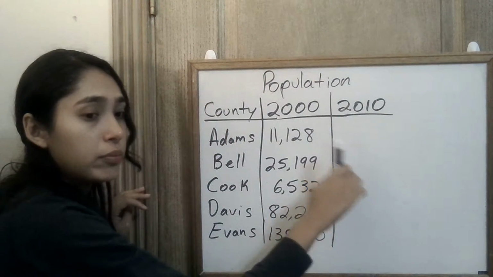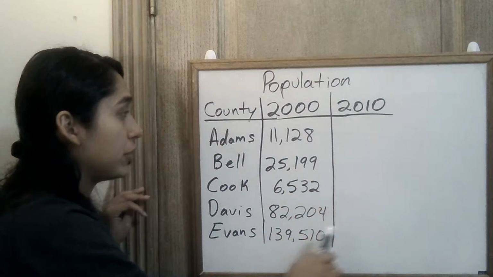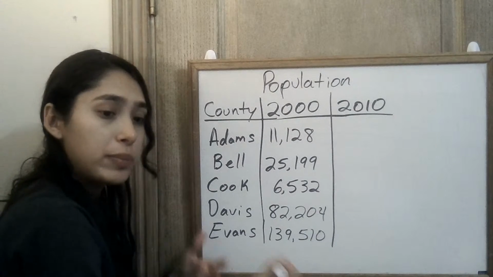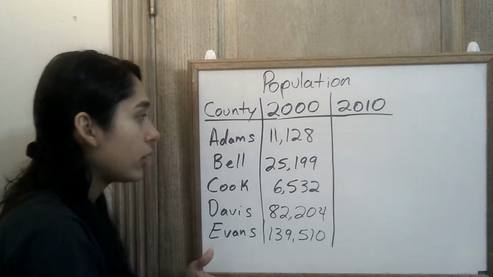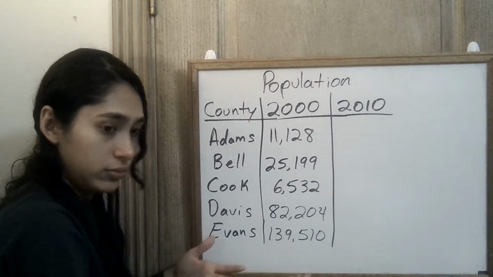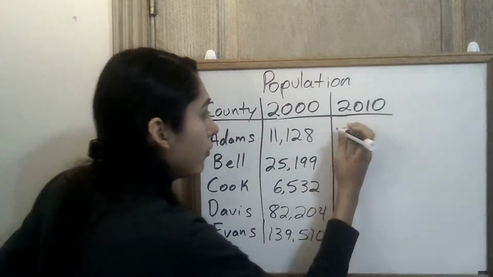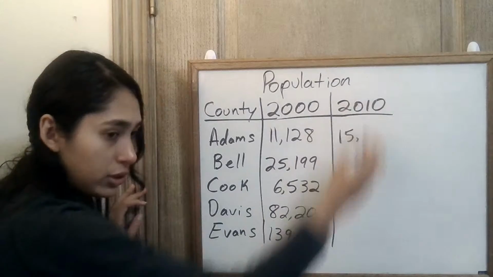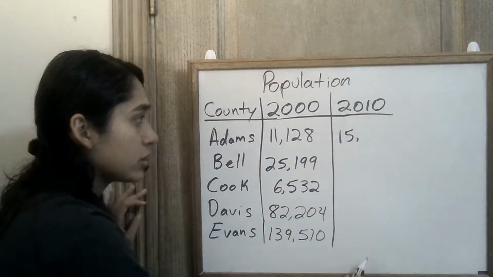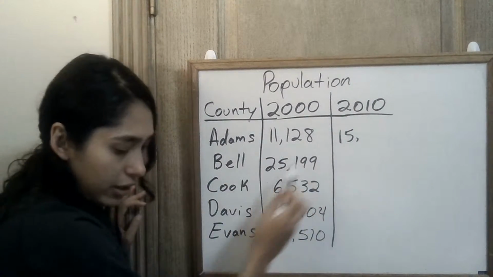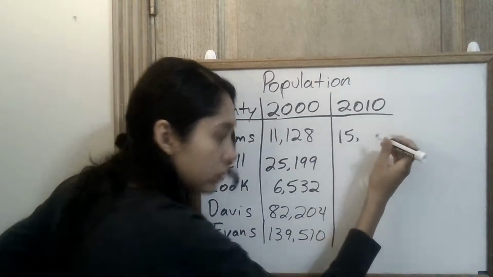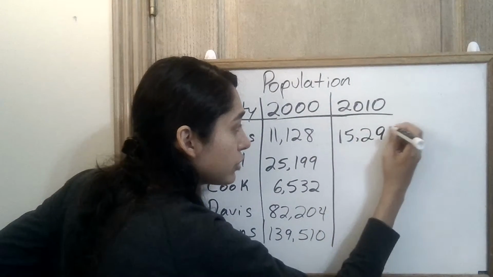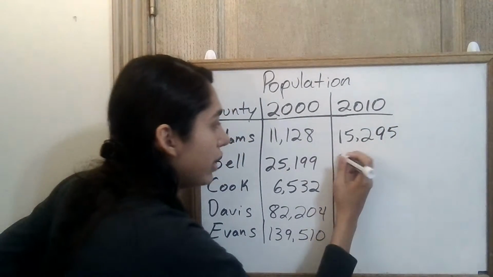We're going to see possibly a change because people either move, more people are born into the county, or people also might pass away. So in the year 2010, we're talking all about the information in this column. In Adams County, we have 15,295, and I'm just going to go ahead and start filling in the rest.